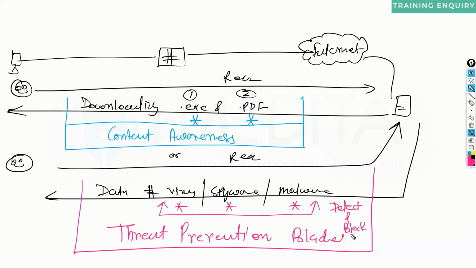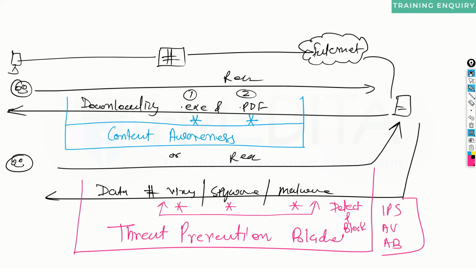So these same features are also provided by Palo Alto under the name Content ID, but here we are using two different names. Content awareness means you can only control the content type or file extension type, and with the help of threat prevention, when you enable IPS signatures, antivirus and anti-bot signatures, it means you are preventing your network from viruses, spyware and malware.